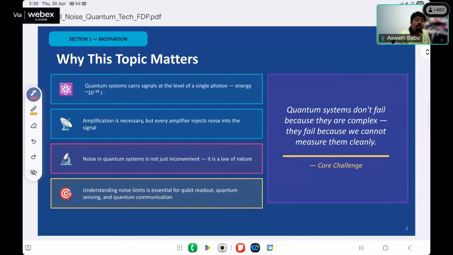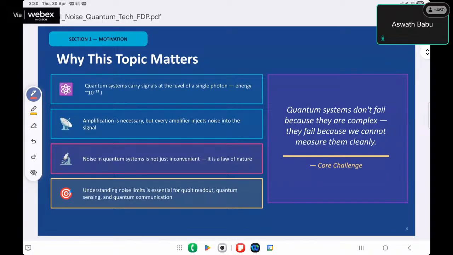Without pushing the system to become classical, we need to keep it intact as quantum and then measure. Just to know whether it is clean or not, we have to measure, but it's not possible. So people are finding innovative ways to measure the quantum system. They use something called readout technology.